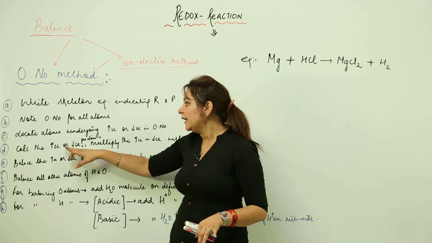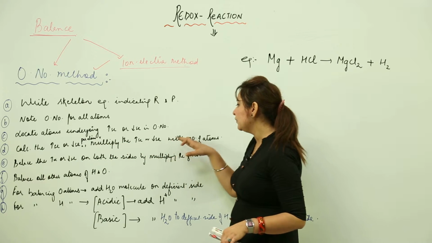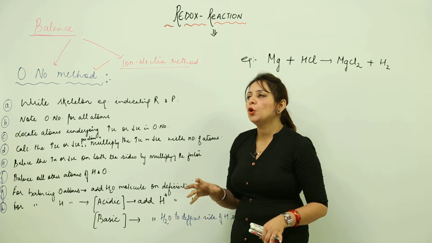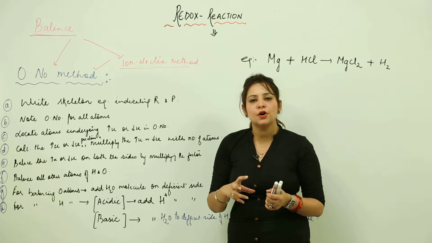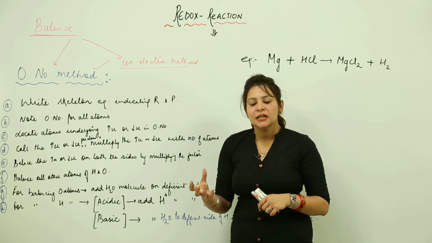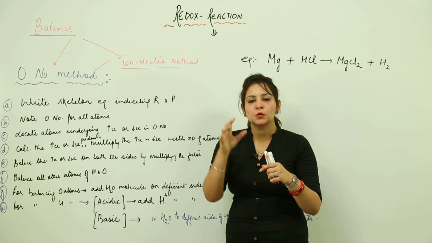Then calculate the increase or decrease per atom and multiply it with the number of atoms. Suppose my oxygen is undergoing a change in the oxidation number by +1. If I have 2 atoms, I need to multiply, that means +1 into 2.